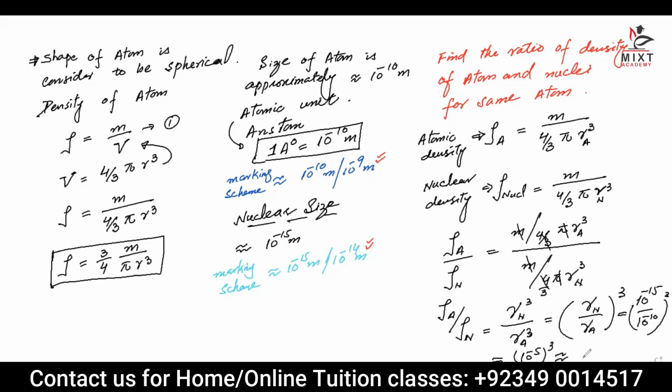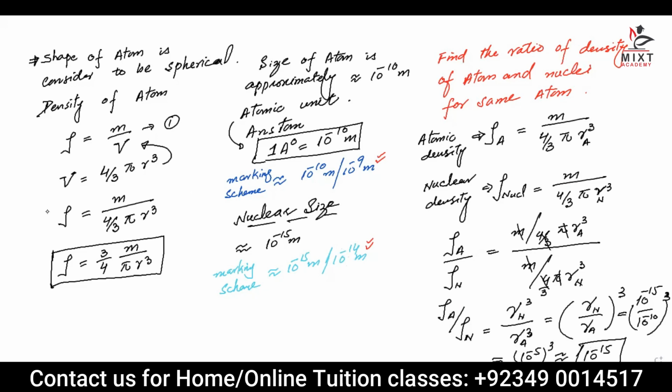And approximately you get 10 raised to power minus 15. This is the ratio you get. If you take the other values, like 10 raised to power minus 9 and 10 raised to power minus 14, you get the same ratio.